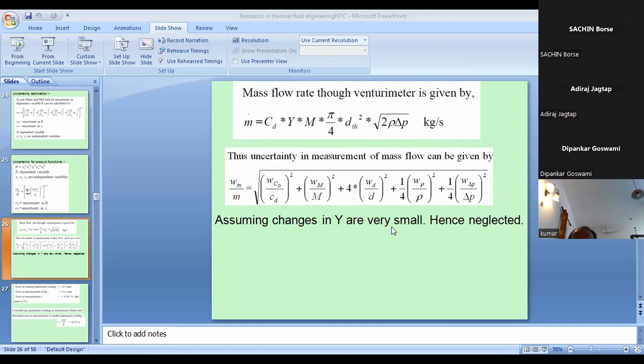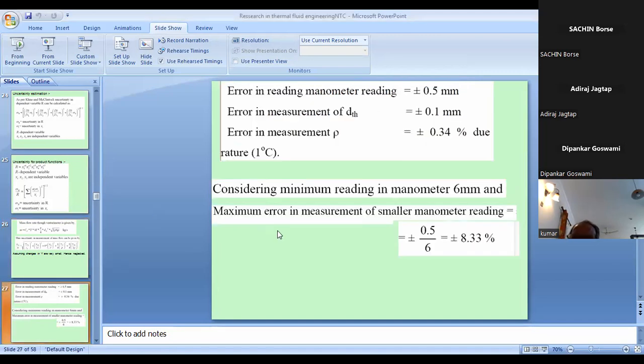Now we'll see, putting the values, what happens. So these are the various uncertainties: in the manometer, 0.5 mm. In the diameter measurement of the throat, it is 0.1 mm.